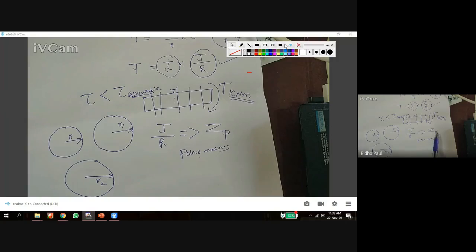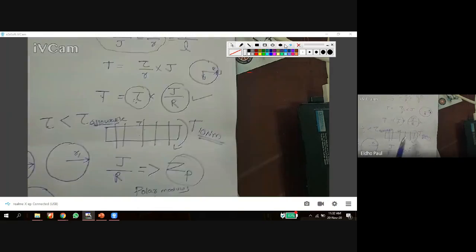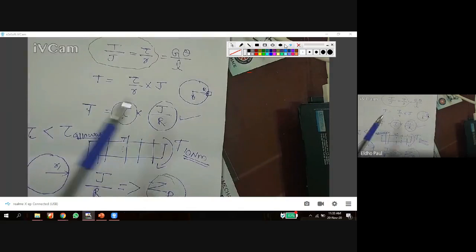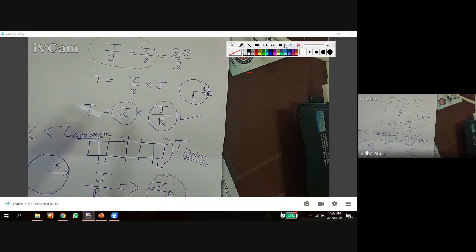Because if the polar modulus is high, for a constant torque, the shear stress will be low. If the shear stress is low, that shaft has more capacity to handle this torque. That means the strength of the shaft is higher.